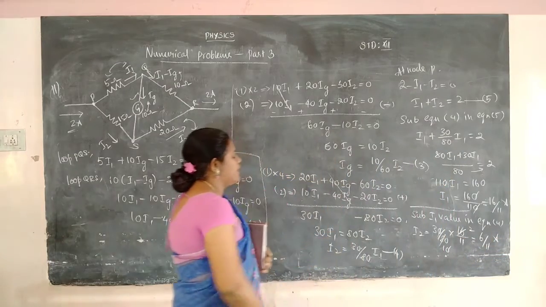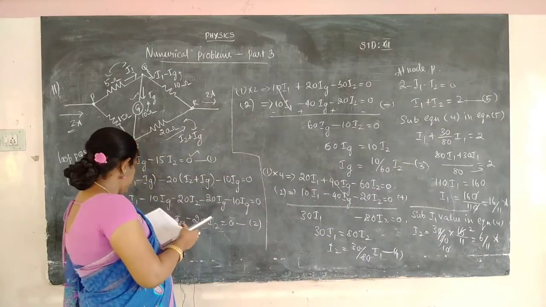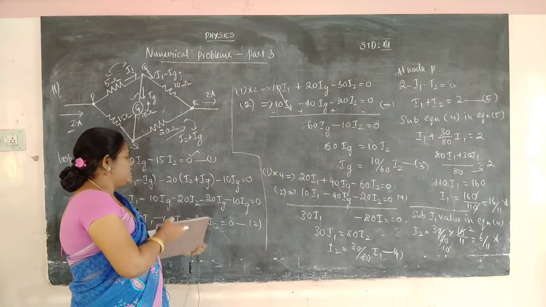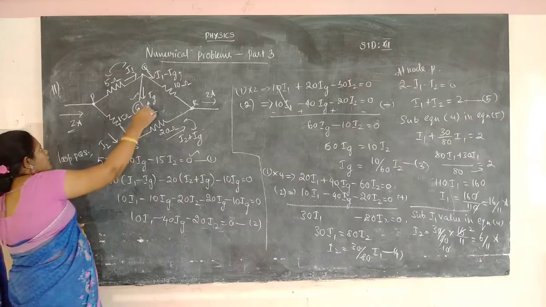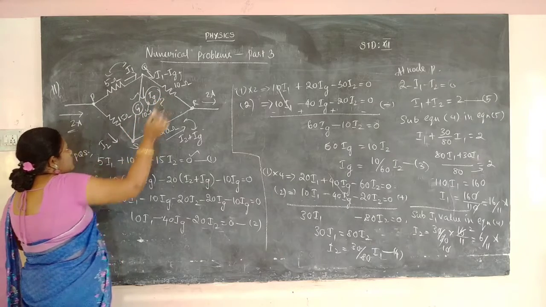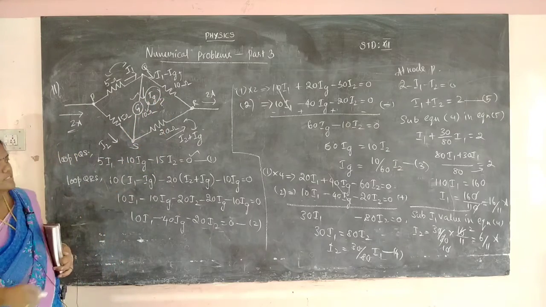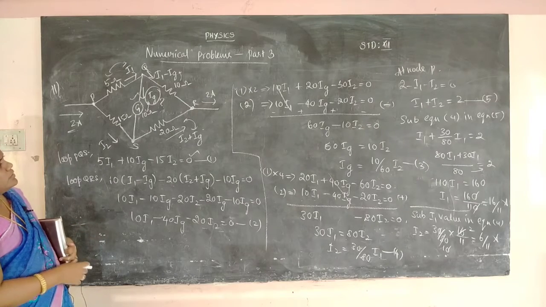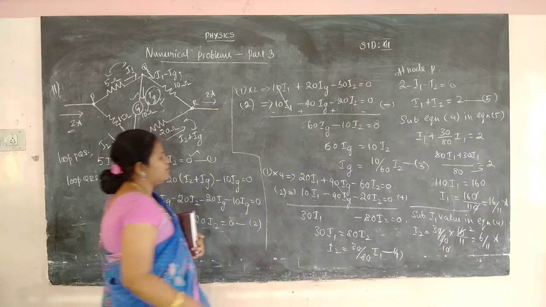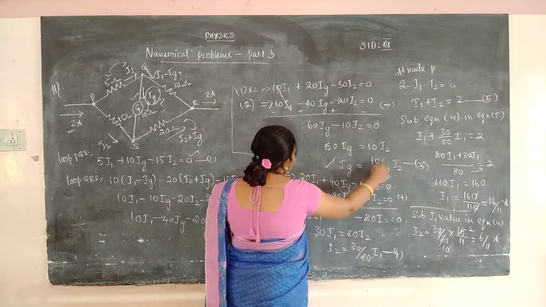So we get the I1 value and the I2 value, and then we want Ig, because Ig is the current flowing in the galvanometer. Ig is 10 by 60 into I2.